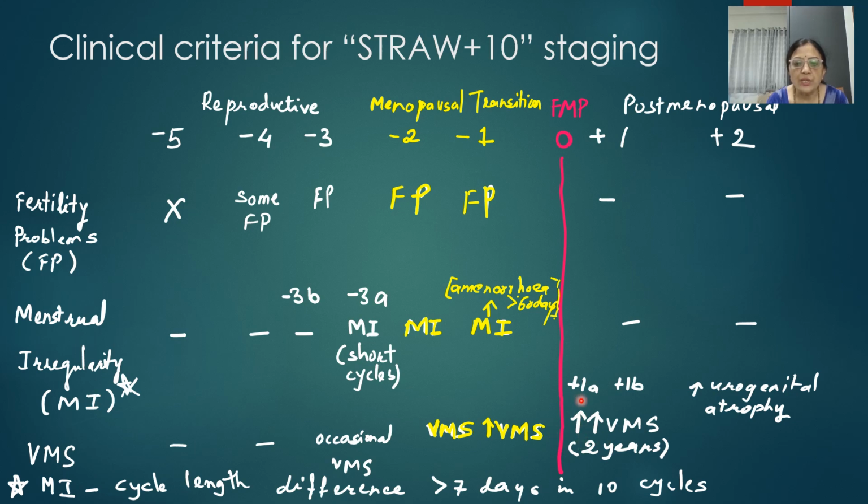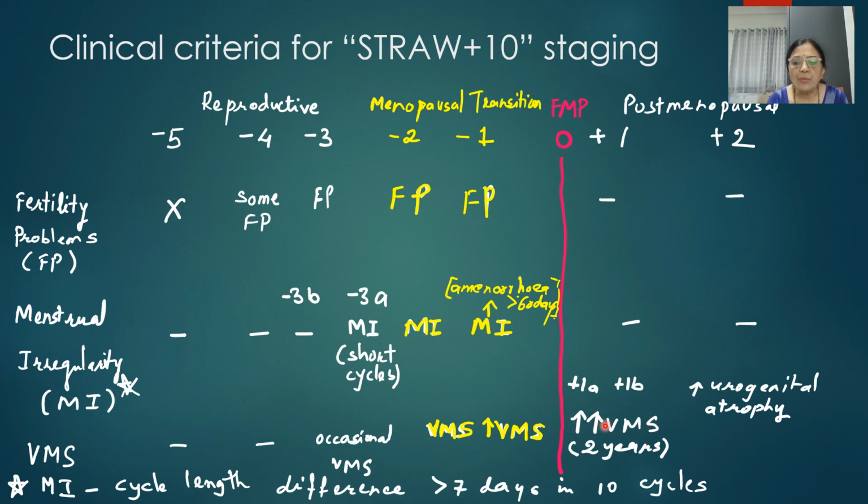that is +1A and +1B, where +1A lasts for the first year after the final menstrual period, and +1B is the second year, till the completion of 2 years after the final menstrual period. In these 2 years after the menopause, maximum women show symptoms such as vasomotor symptoms.